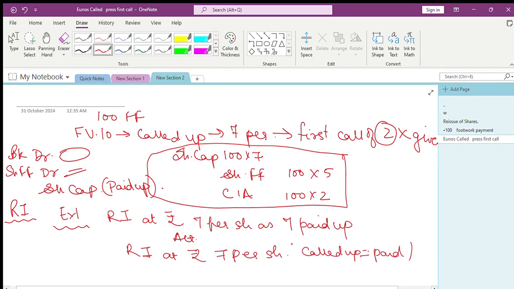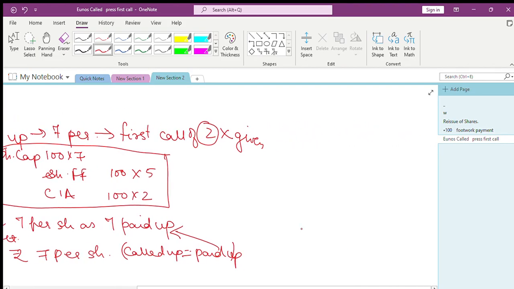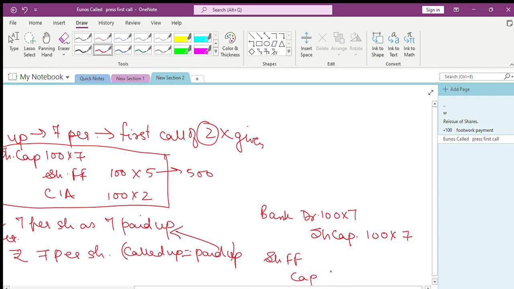So that would also mean that paid up is 7 in this case. Let's see the entry for this. Bank debit, we are getting 100 into 7 per share. Share capital is also credited with 100 into 7. So this 500 which we had received is completely our gain. Share forfeiture to capital reserve, we transfer the full 500.